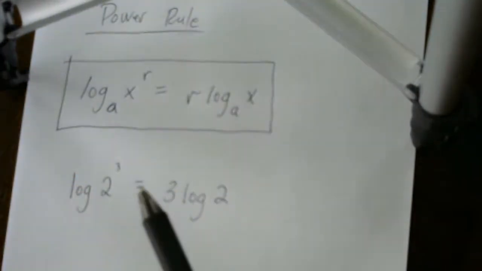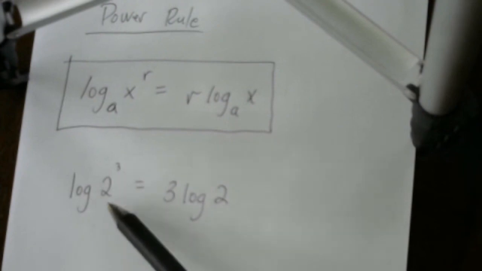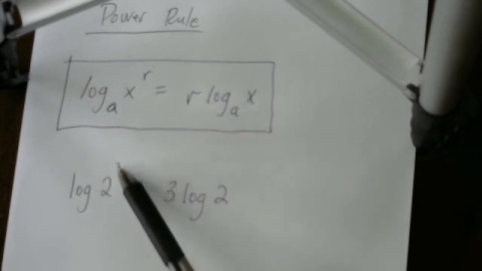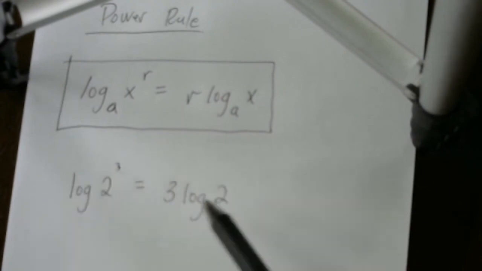And notice I get that same result, 0.903. So whenever you have your log written out as a power, you can simply take this power, treat it as a multiplier, and you would have your result.